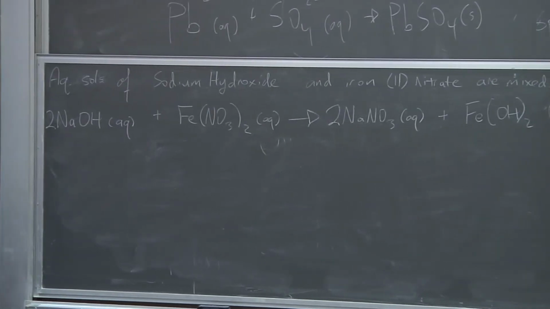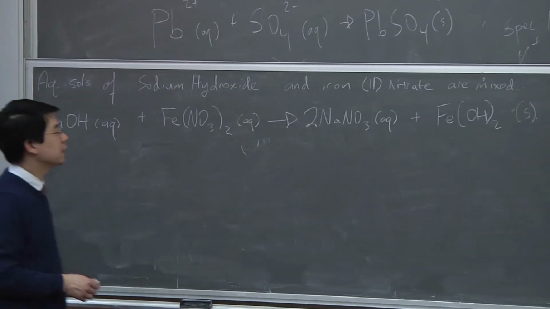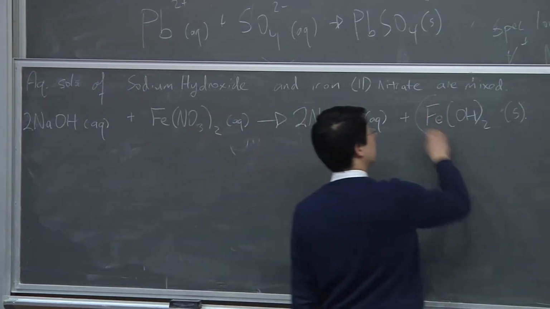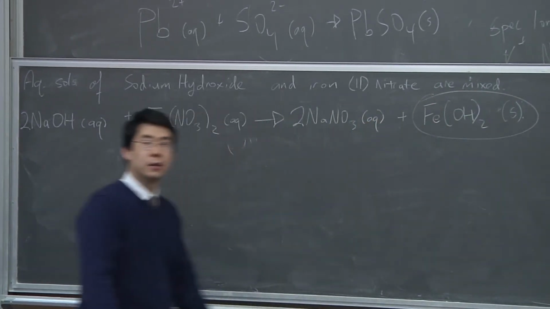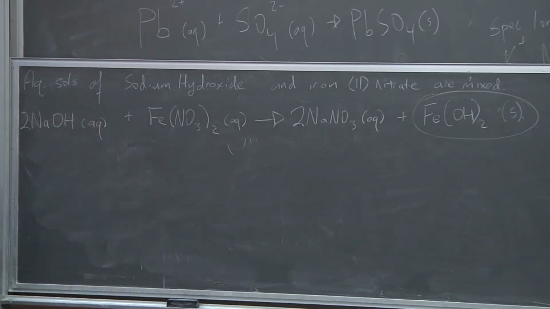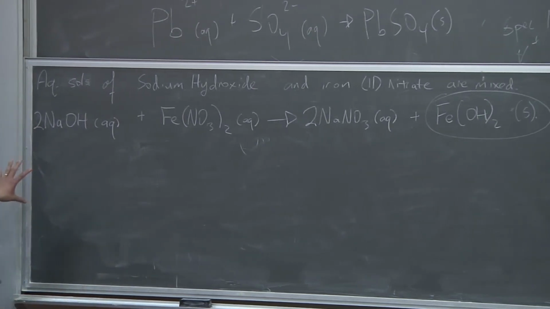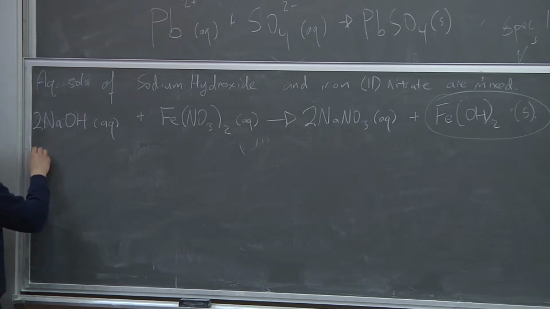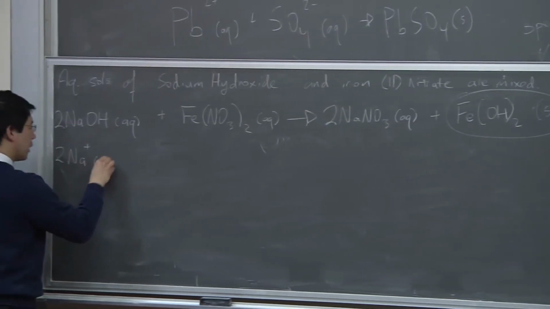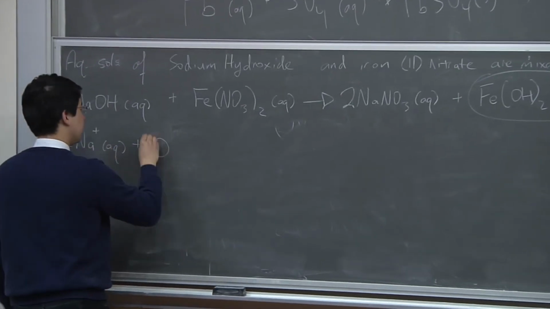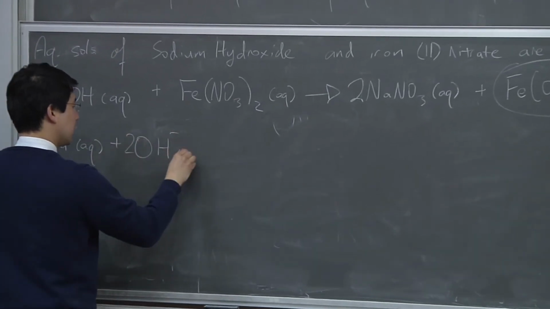We're happy? Okay, so that's our complete. This is our precipitate. It's the solid. And so we're going to write our complete ionic reaction now, which starts as 2Na+ aqueous plus 2OH- aqueous.